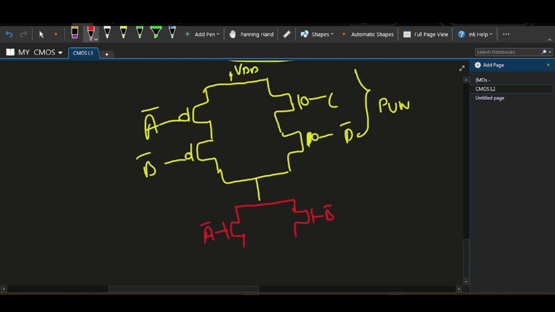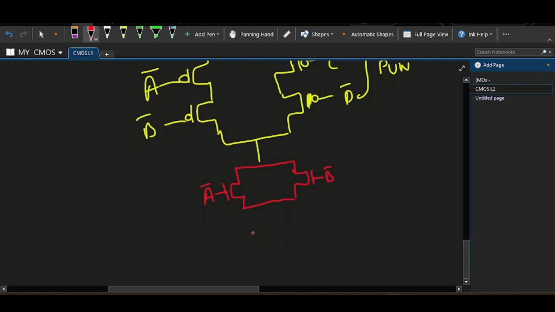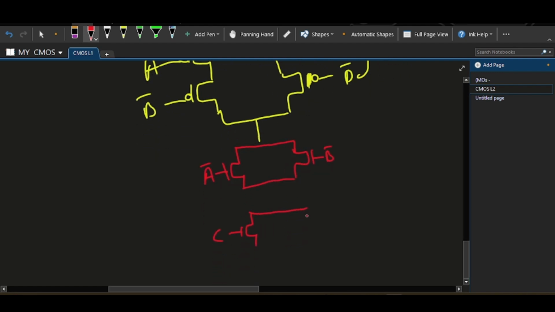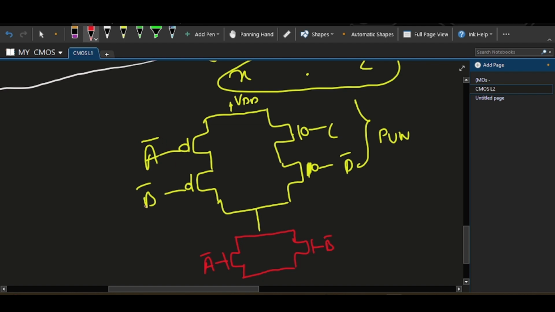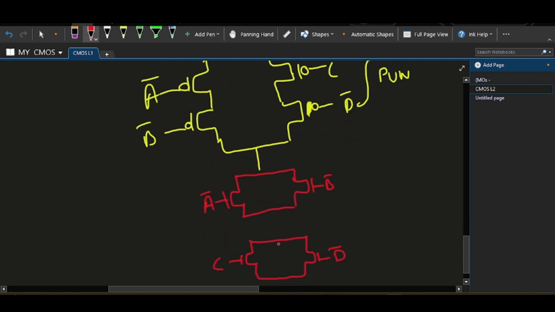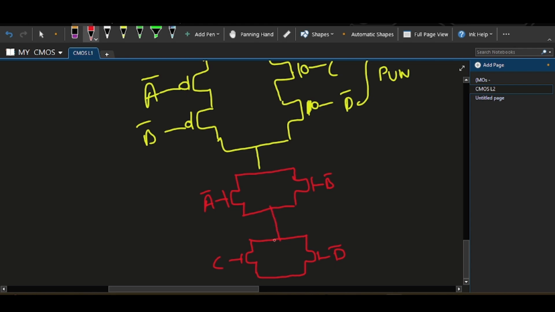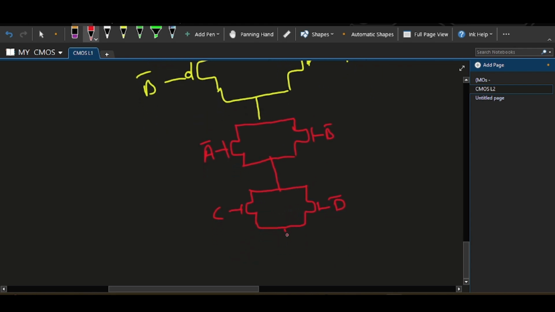Similarly, our C and D bar would both be connected in parallel. Now these two and these two are connected in parallel in the pull-up, so in NMOS they would be connected in series. I hope this is clear to you. This would be my ground.